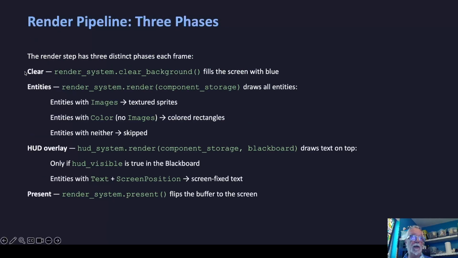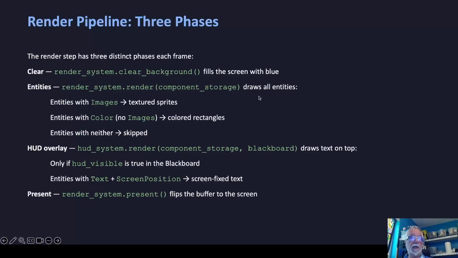The render pipeline, let's blow this one out a bit. We clear it, so we make sure that we start with a clear screen every frame. Then we go and look for all of our entities. We look for entities that have images and color, and if we have an entity that doesn't have either color or images, we skip it.